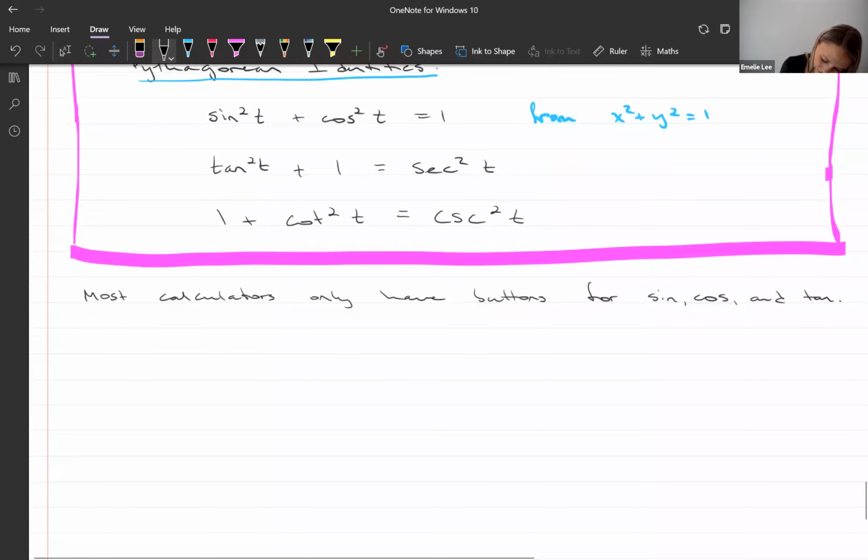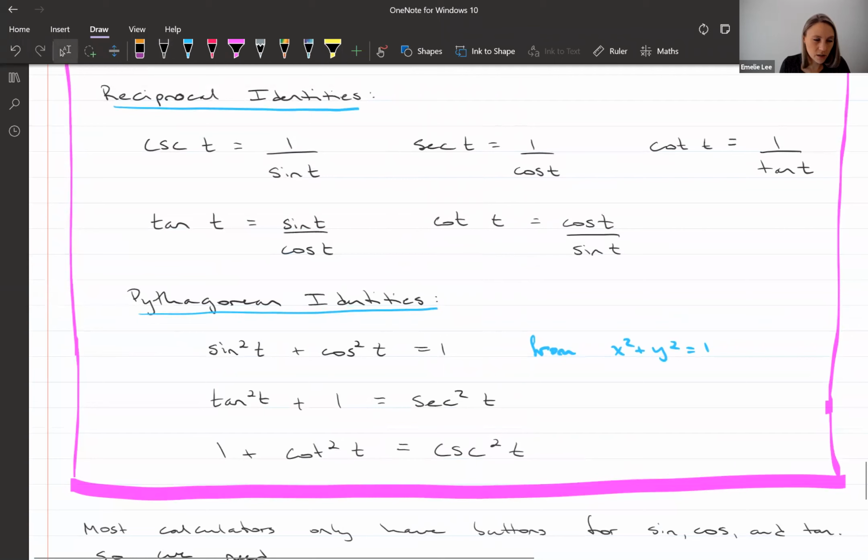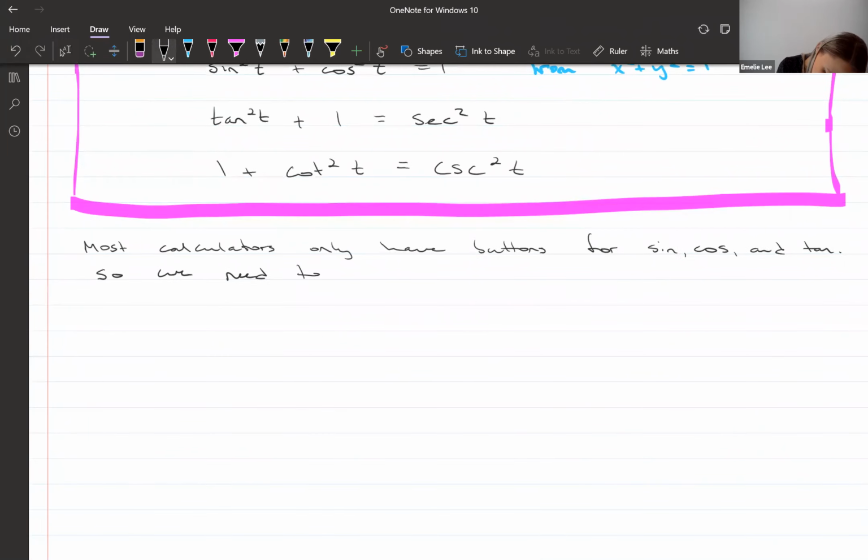So we need to use the reciprocal identities to figure out the rest of the functions, to find the remaining functions.